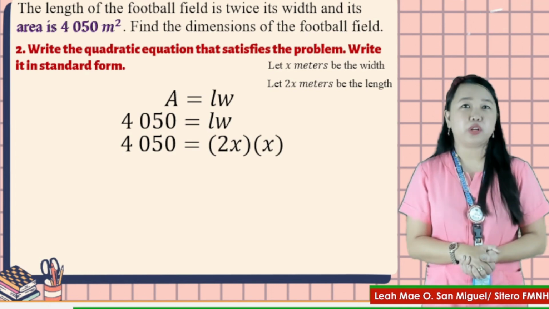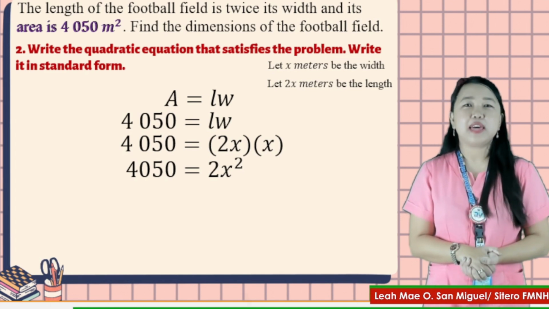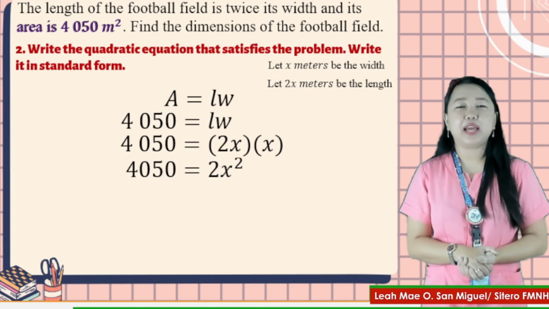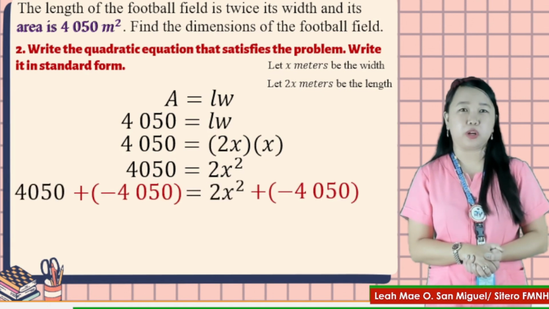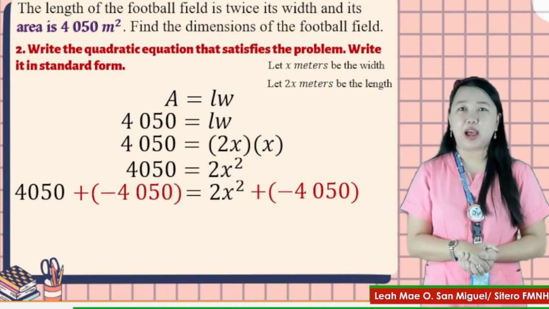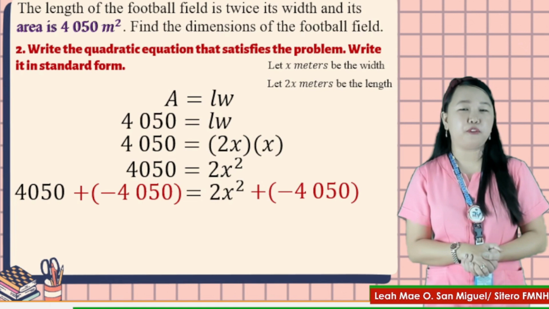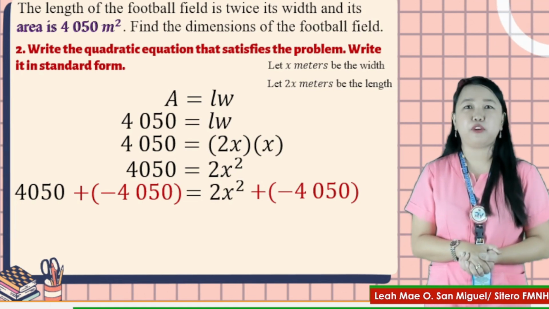Simplify, the result is 4,050 is equal to 2x squared. Then, apply the addition property of equality by adding negative 4,050 on both sides of the equation. This can be expressed as 4,050 plus negative 4,050 is equal to 2x squared plus negative 4,050.